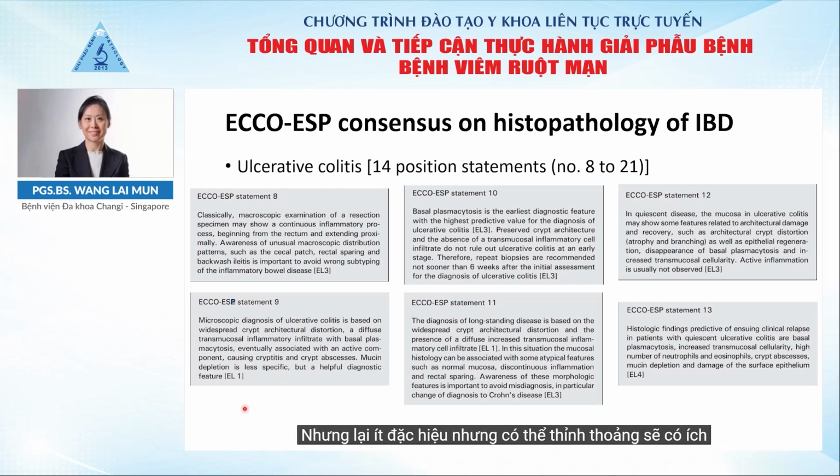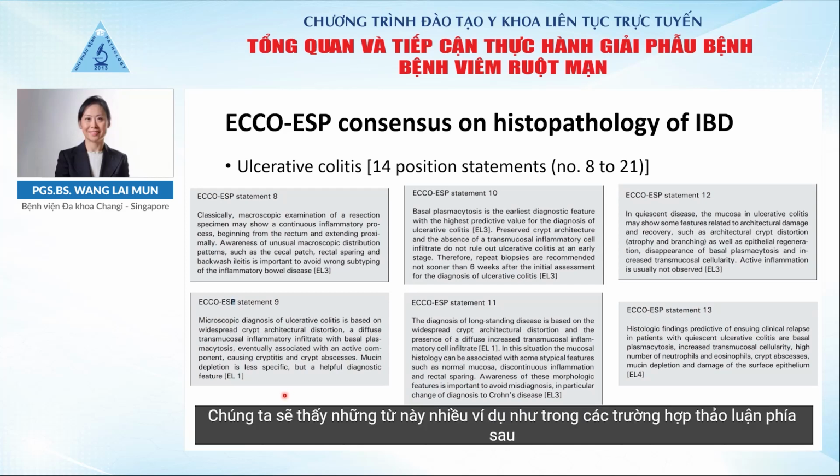Mucin depletion, we like to describe it, but it's actually less specific, but may be useful sometimes. So not to worry, this is a lot of words, but I have to go through the document. We will see a lot of these examples in the case discussion later.